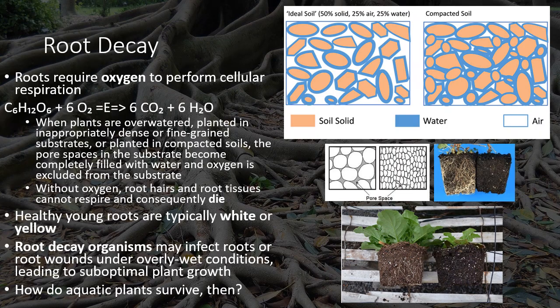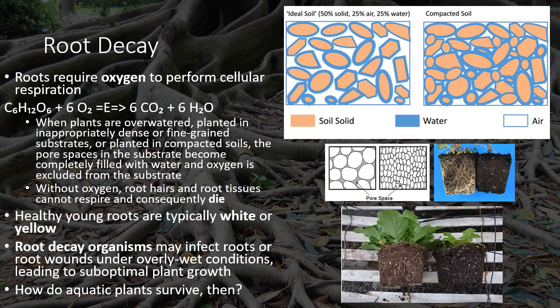The second way that root decay can occur is if a plant is planted in a substrate that is inappropriately dense or fine grained. If we look at this middle row of images, on the left, there's an image that shows the difference in pore space between coarse-grained and fine-grained substrates. Coarse-grained substrates have much larger pore spaces, and that allows for better air-water boundaries.